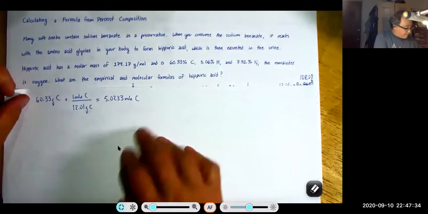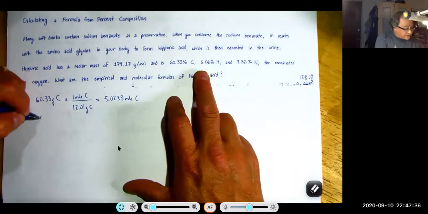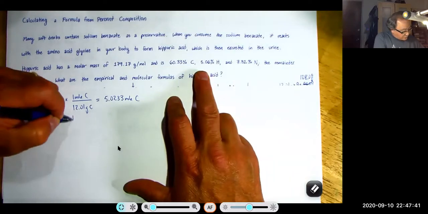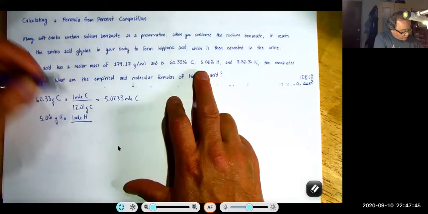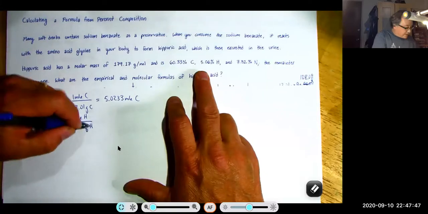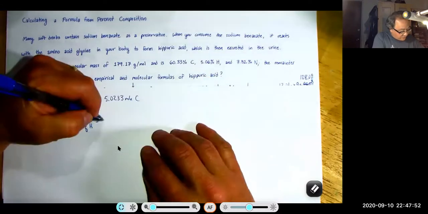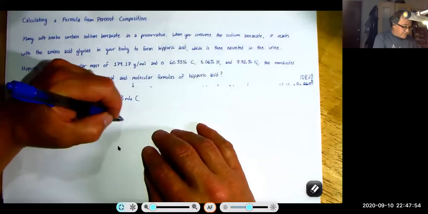Now we have our 5.06 grams of hydrogen times 1 mole of hydrogen per 1.008 grams of hydrogen, and we get 5.0198 mole of hydrogen.